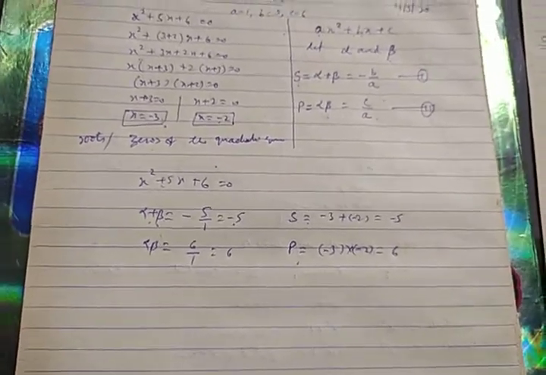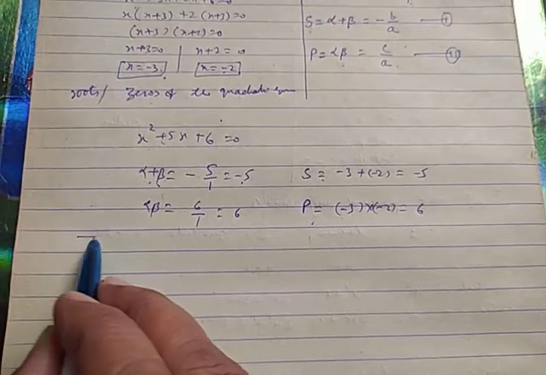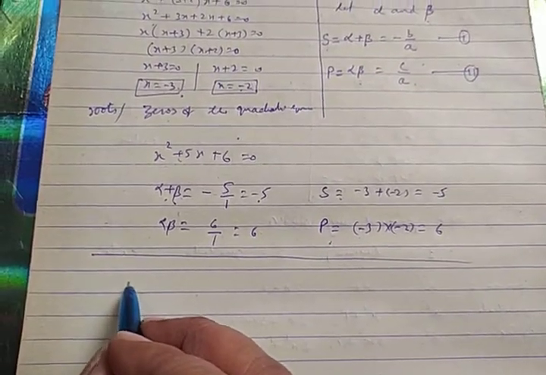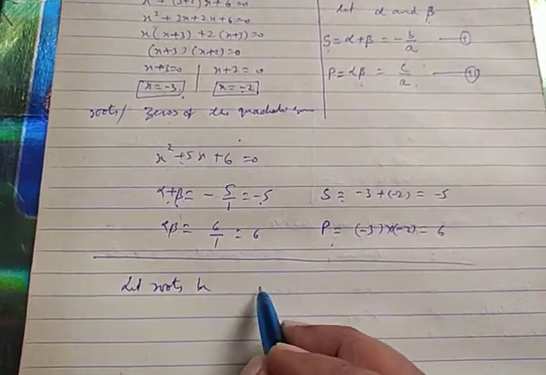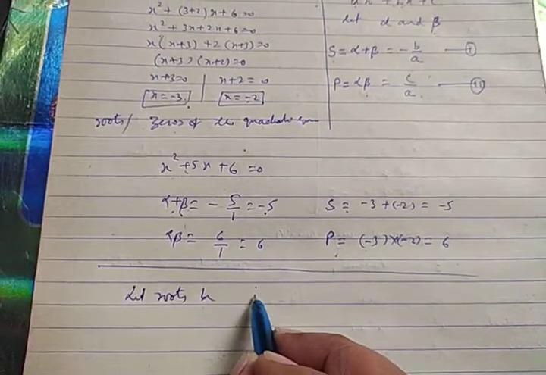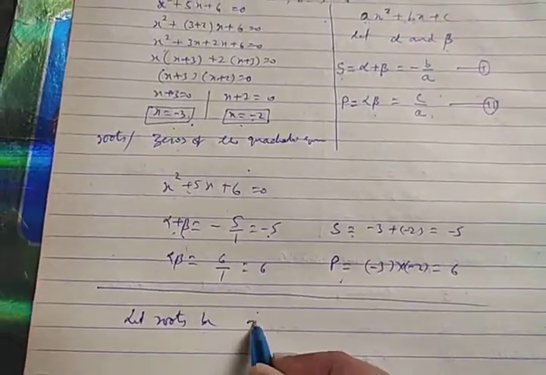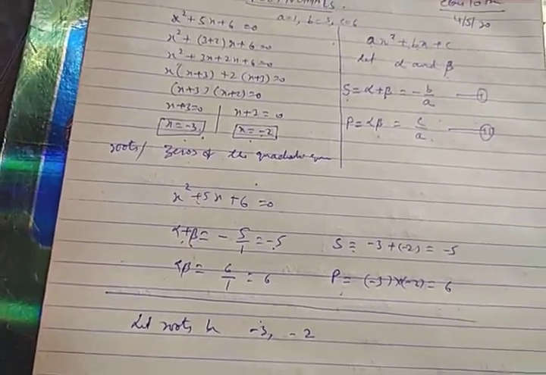One thing more I have to tell you. Suppose roots have already been given. Take the same example, roots minus 3 and minus 2. Then how to obtain the equation?